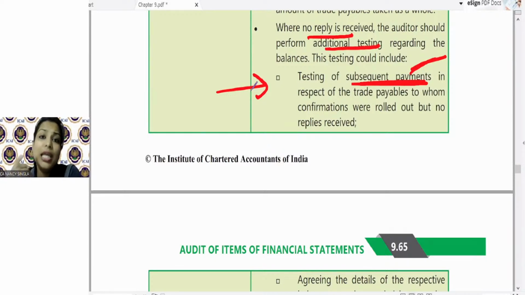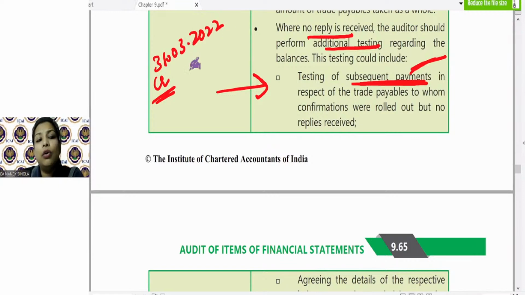Here, when the auditor is checking trade payables, creditors, and an external confirmation has been sent and replies are not received, he'll check subsequent payments, that is, whether something was paid in April of next year. For example, if there was a creditor as on 31st March 2022, valued at 5 lakhs, and the auditor has sent a confirmation request letter to the creditor, Mr. Ram, asking what balance is in his books, and no reply is received.